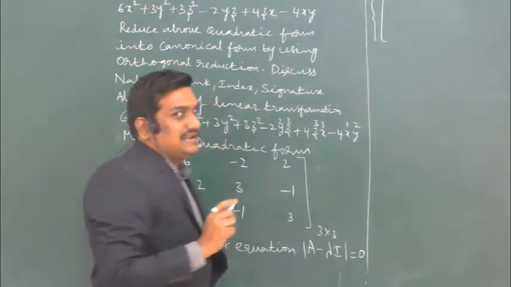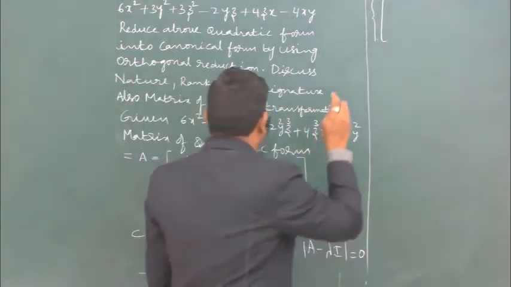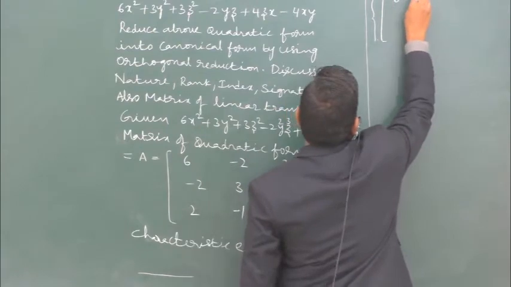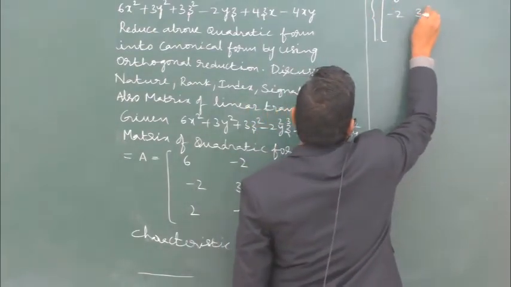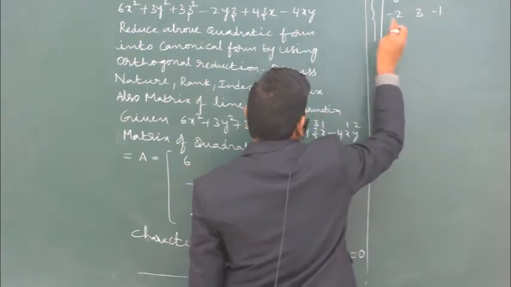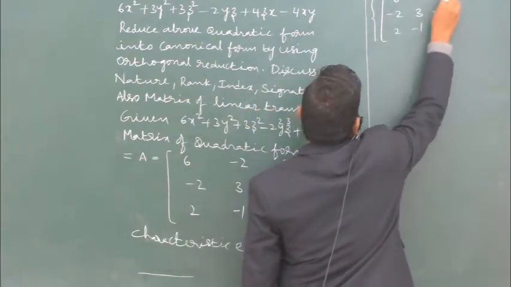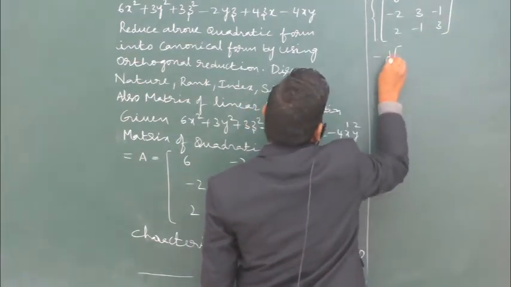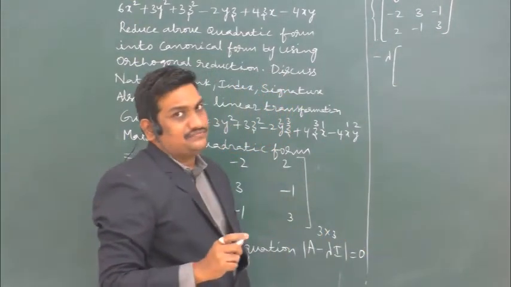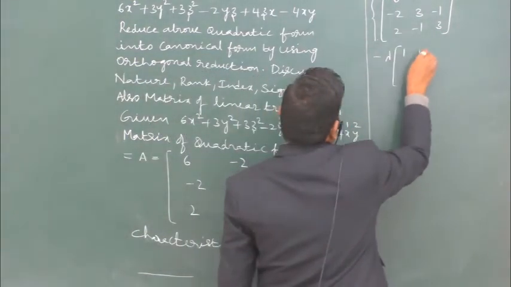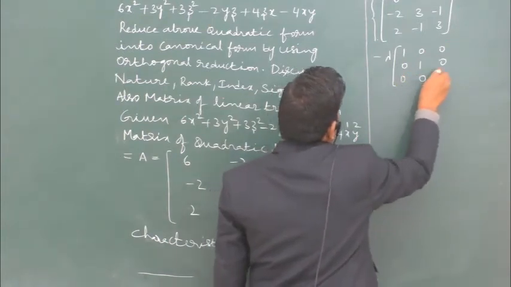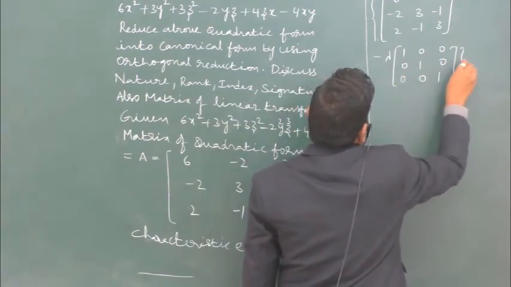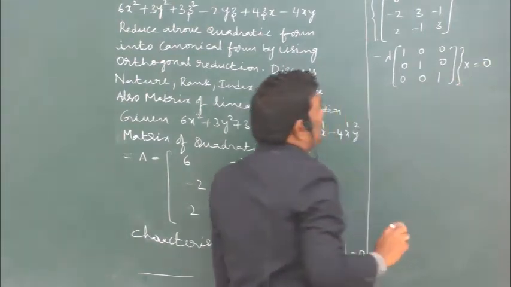A is the matrix of the quadratic form: 6, -2, 2; -2, 3, -1; 2, -1, 3, minus λ into I, the identity matrix of order 3 by 3: 1, 0, 0; 0, 1, 0; 0, 0, 1.